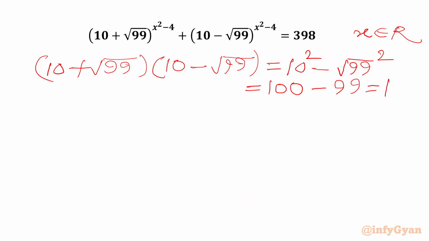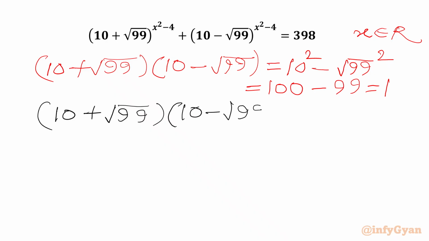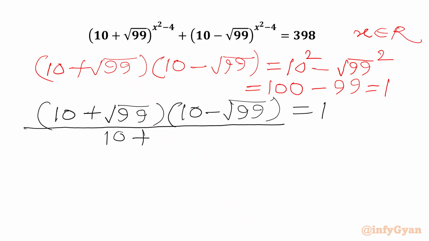So we can write the equation: 10 plus root 99 times 10 minus root 99 equal to 1. Now I will divide this equation by 10 plus root 99 on both sides. In the RHS also we will write 10 plus root 99 in the denominator.